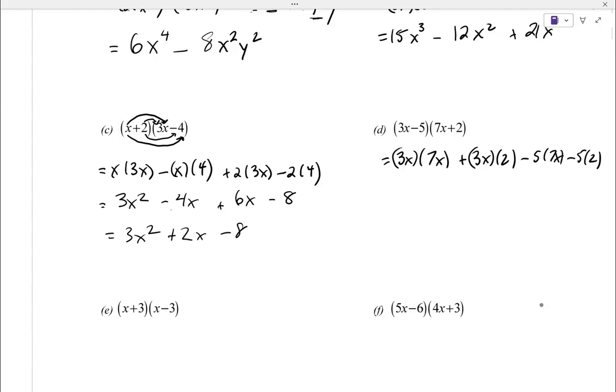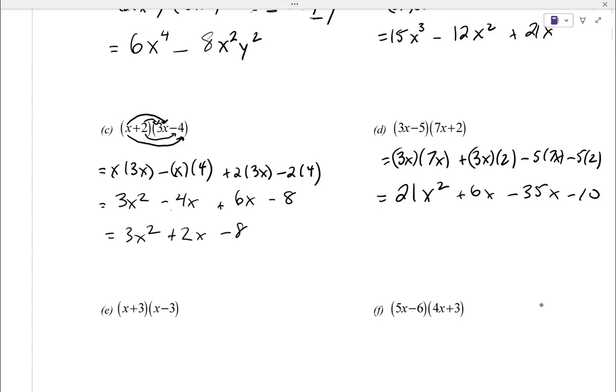When we multiply the first two together, what do we get? Good. The next two together, 6x. Good. The next one, negative 35x. Good. And then negative 10. Good. Anything combined?